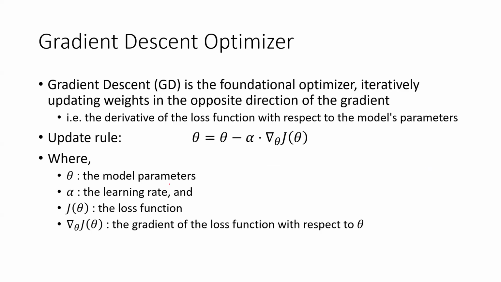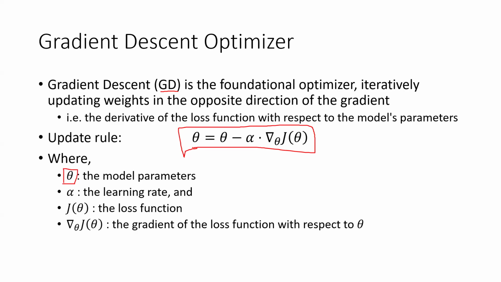So for reminding you about this gradient descent optimizer, this is how it works. The gradient descent, which is also known as GD, is the most fundamental optimizer, and it updates the weights in the opposite direction of the gradient. So this is its update rule. From here onwards, I am using the convention of using theta as the model parameters.